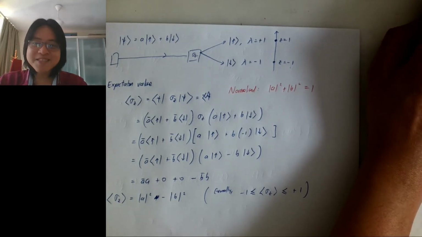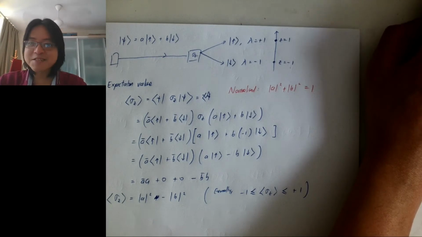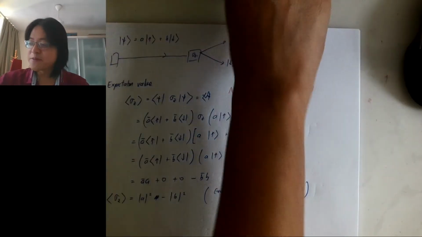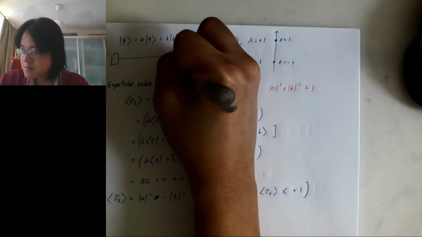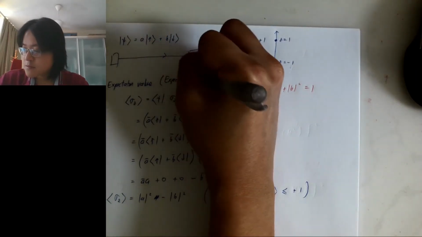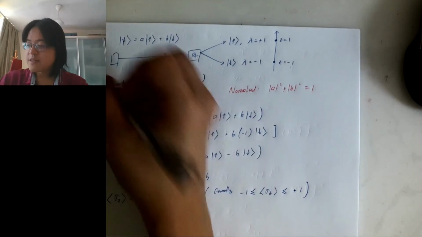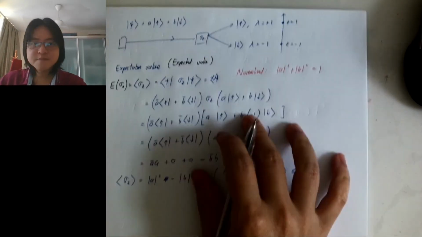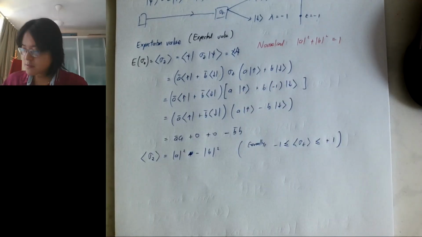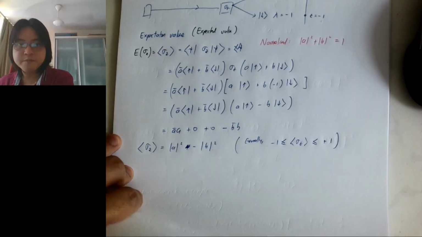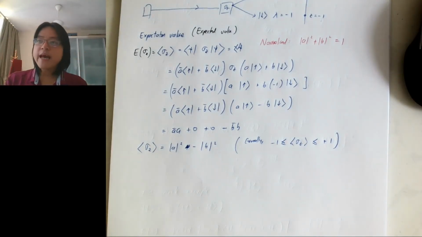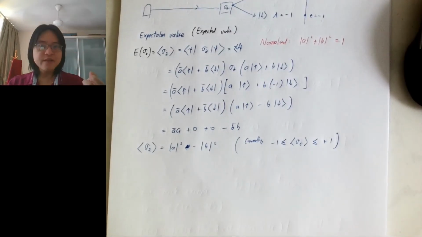I was asking Dr. Gloria about the expectation value, and what is actually the expected value. I think the symbol is probably like E of sigma z or something. Also, this is something you learn in probability, right?